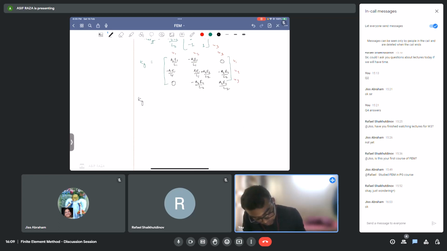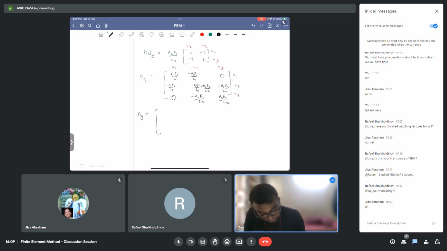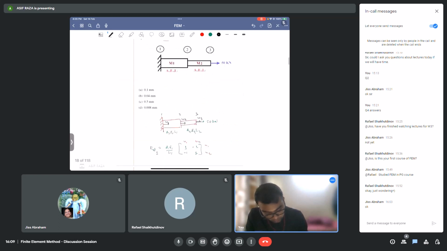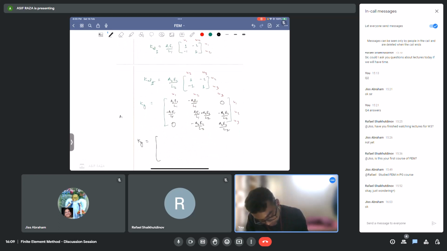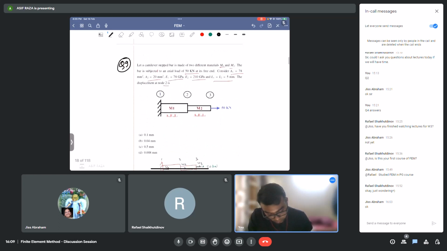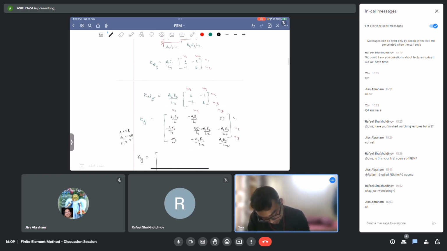So substituting the values, we have A1 as 78, A2 as 20, E1 as 78, E2 as 210, L1 and L2 equal to 5. These are in mm squared, GPa, and 5 mm.